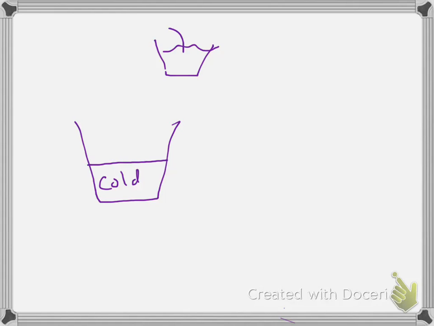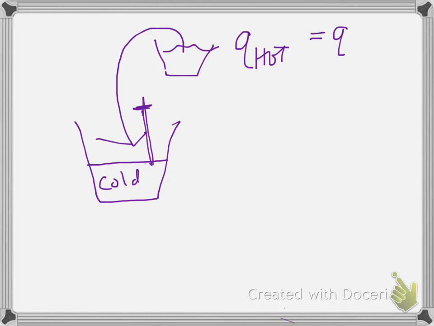Then you add the hot water to the cold water and look at what happens to the temperature. Take the temperature when it equilibrates. The whole idea is that the heat lost by the hot is going to be equal to the heat gained by the cold.